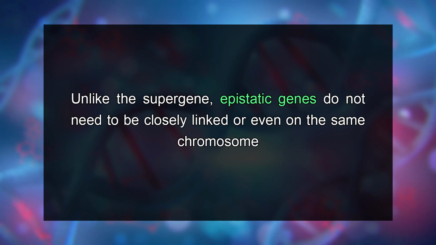Unlike the supergene, epistatic genes do not need to be closely linked or even on the same chromosome. Both pleiotropism and epistasis show that a gene need not relate to a character in the simple manner that was once supposed.